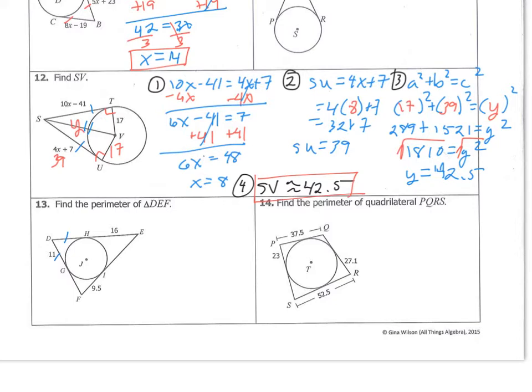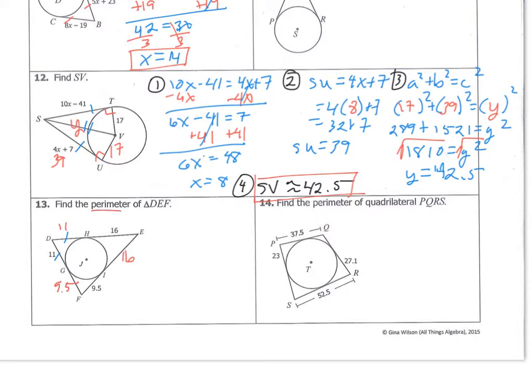Right? So if that's 11, from D to H is 11. If from H to E is 16, what's from E to I? 16. If from F to I is 9.5, what's from G to F? 9.5.